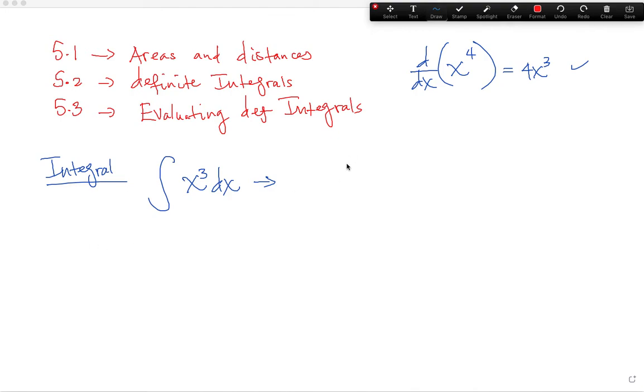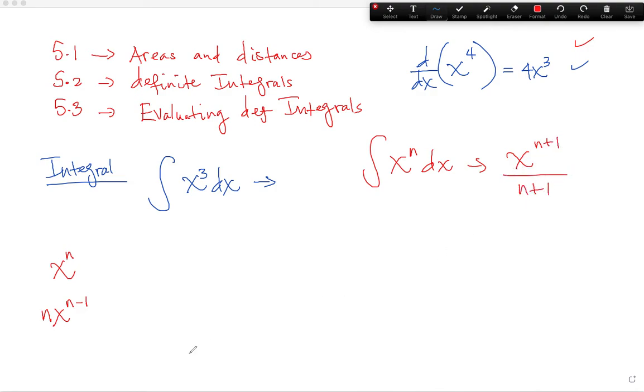No worries. In general, if you have an expression that looks like x to the n, obviously the derivative would be nx to the n minus 1, because you did that successfully over here. When you go back, if I asked you for x to the n dx, you would add 1 to the power, going backwards, and then divide by that power.